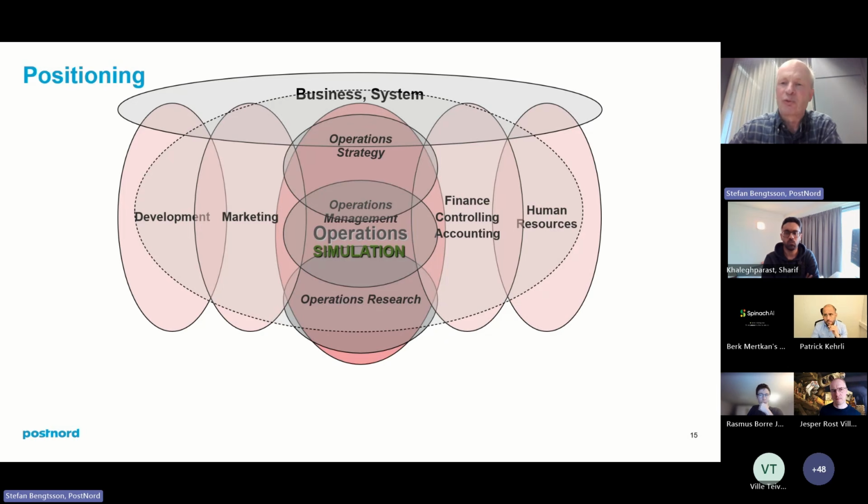It has value related very much to strategy. And therefore, to really unlock the potential of simulation, you have to position it in an organization high enough up to get access to the challenges all over the organization.